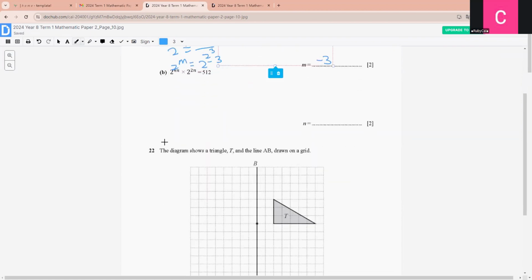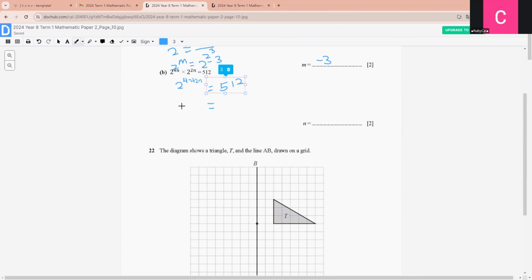Next question. 4 to the power of n multiplied by 2 to the power of 2n equals 512. So first of all, you can write that as 2 to the power of 4n plus 2n, because that's what the multiplication in index law means, equals 512.